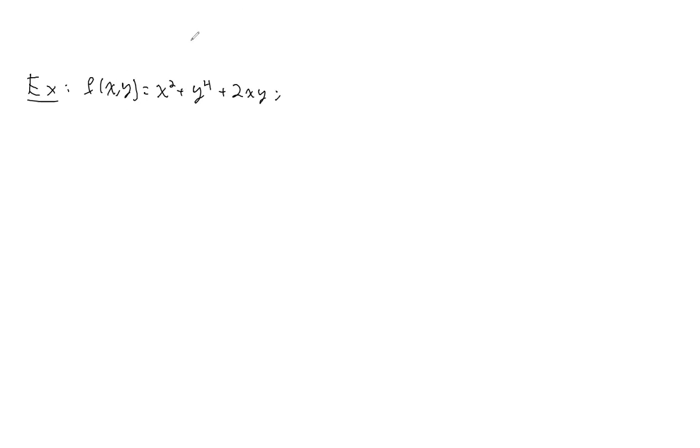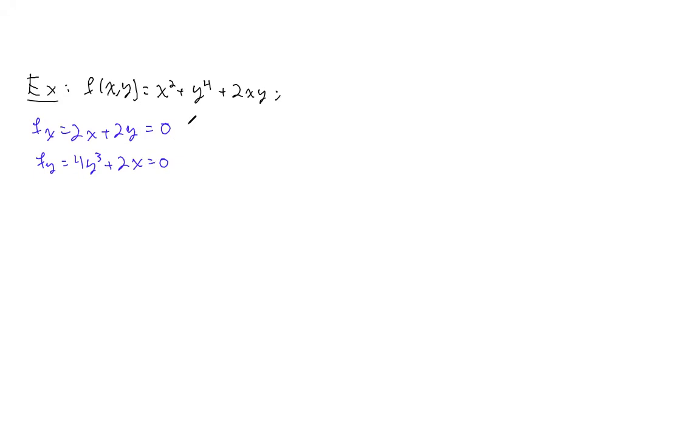Well, in this case, as we're trying to find and classify the critical points here, fx, 2x plus 2y, is equal to 0. And fy is 4y cubed plus 2x equals 0.